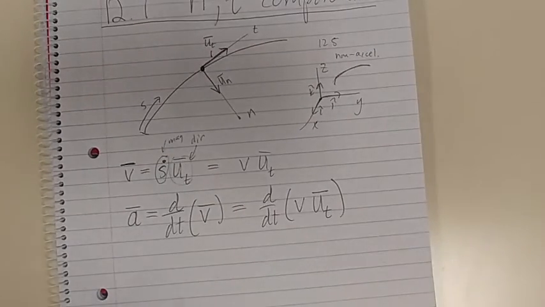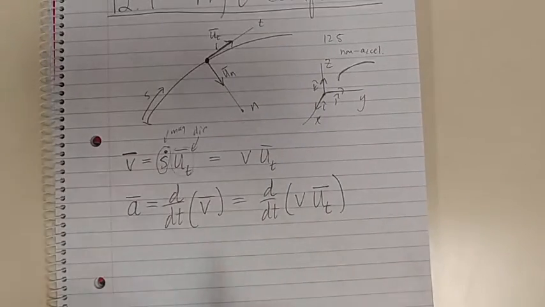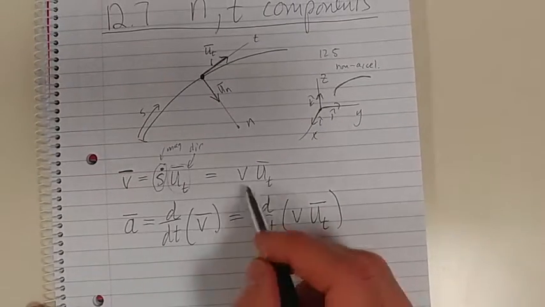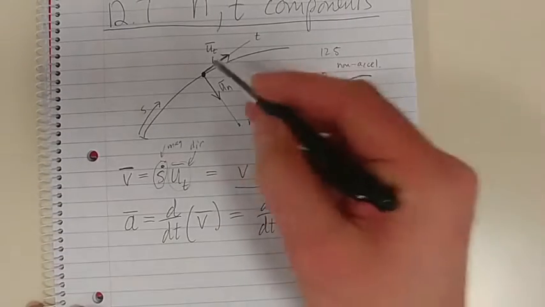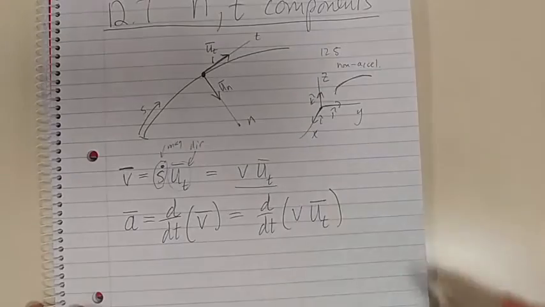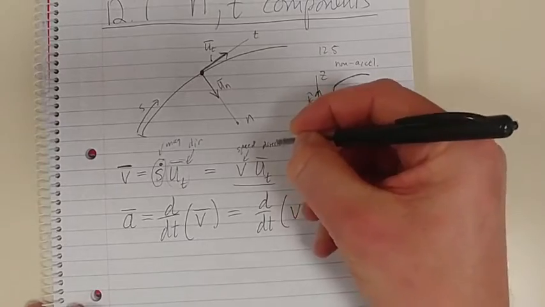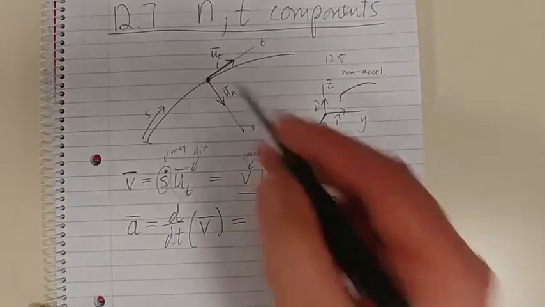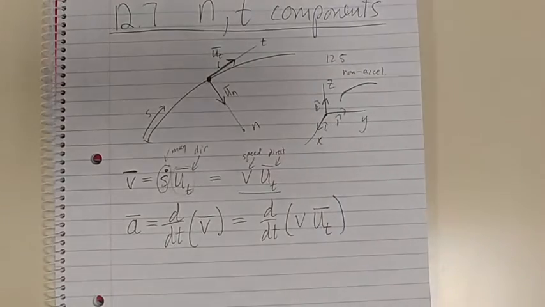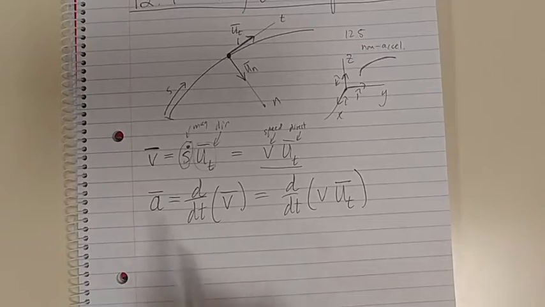Remember that a unit vector just gives the magnitude a direction, okay? And that ends up being v ut. So v is just the speed of the particle at that point. That's the speed, and that's the direction. We know that velocity is always tangent to the curve. Very good.